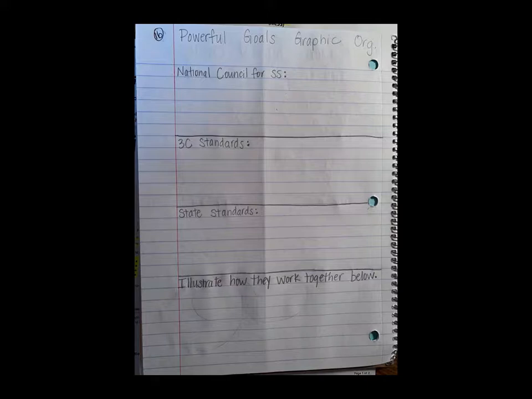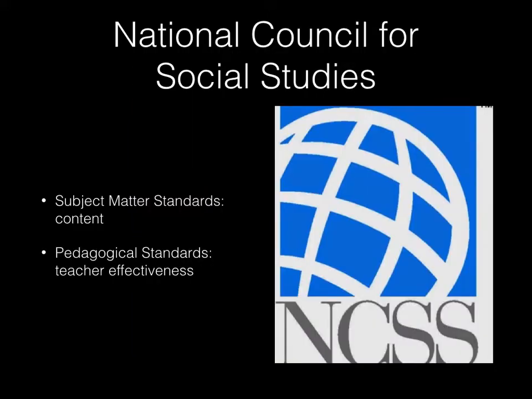So let's get started. The National Council for the Social Studies, that is NCSS, is a council. It's a national group of teachers, and what they really care about is the content of social studies and the pedagogical standards and how effective teachers are at teaching social studies.